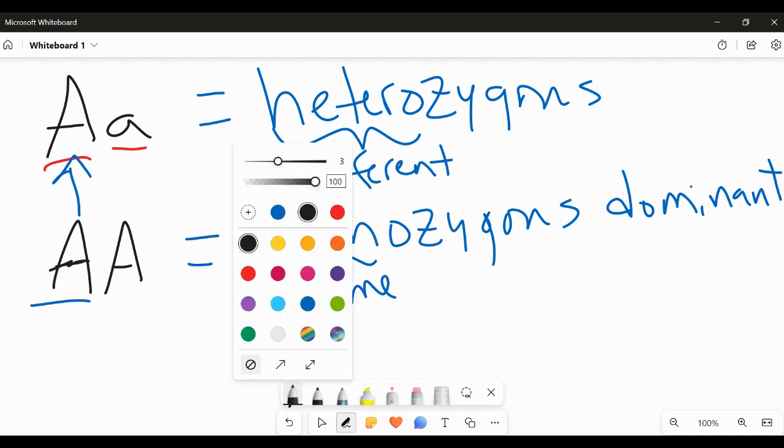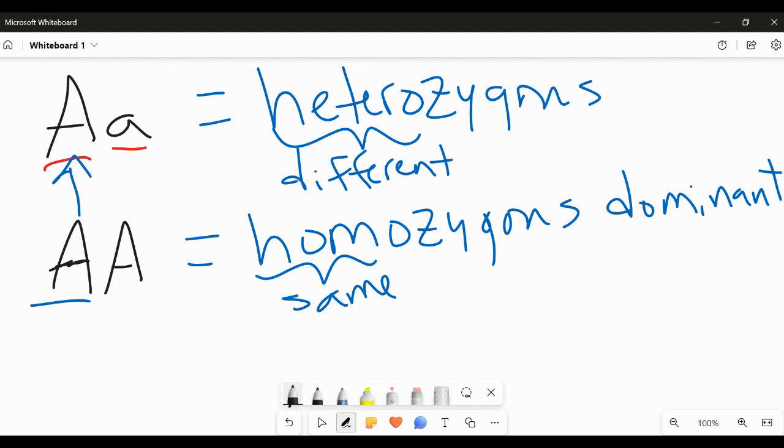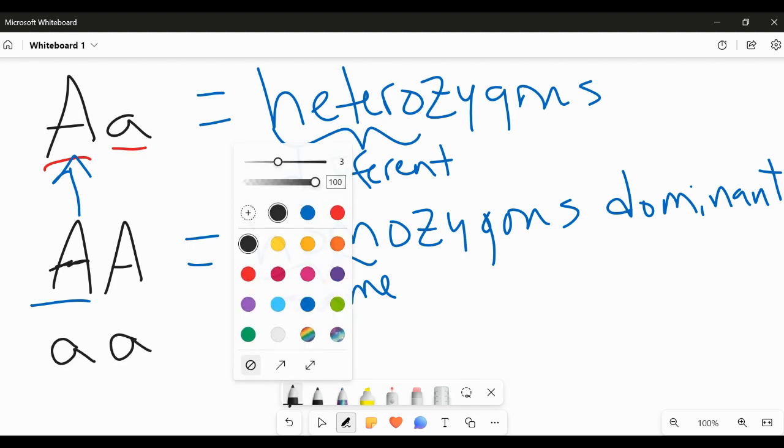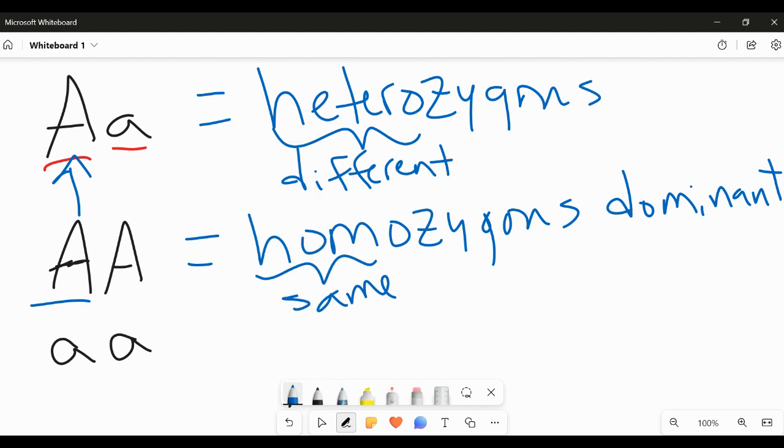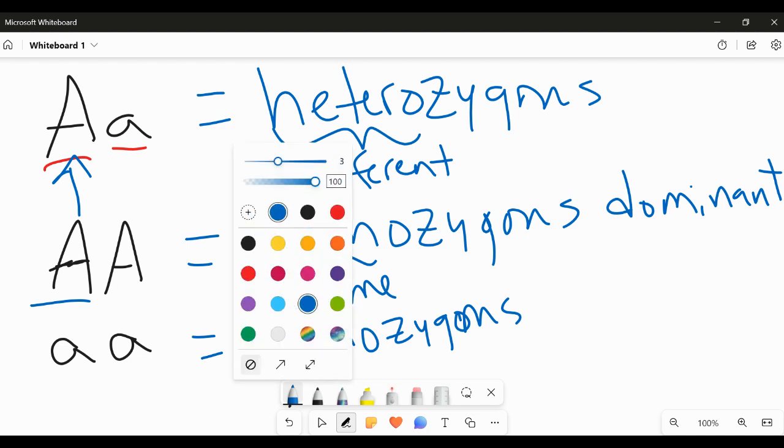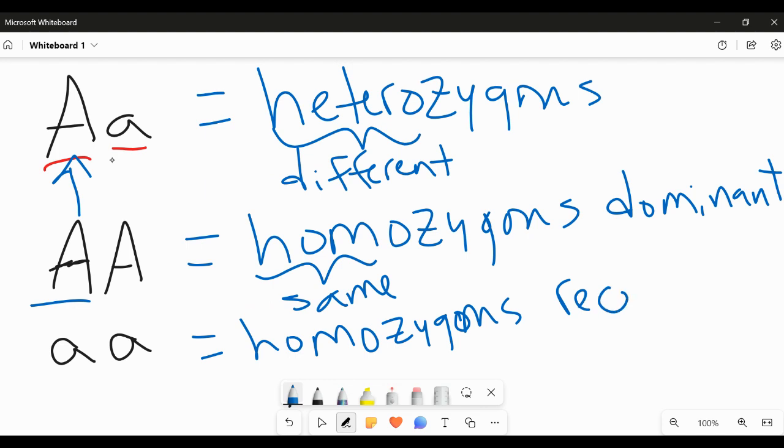And then our last type of genotype we're going to discuss is homozygous recessive. So this is homo, again, meaning same. Zygous, that's an O, that's a U. I'm going to fix that just because it doesn't look right to me.